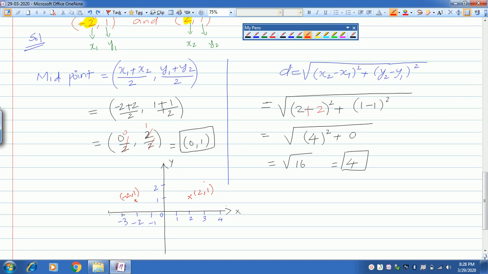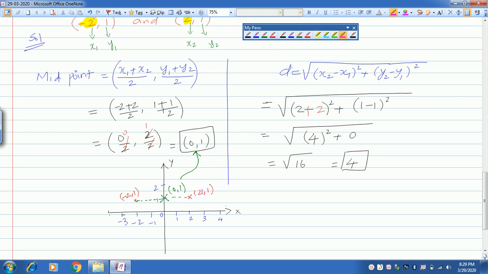Now I have to calculate the midpoint. Can you tell me what is the midpoint, the center value of these 2 points? This is your center point. This is what you have calculated, 0 comma 1. So this is the midpoint. And what about the distance?